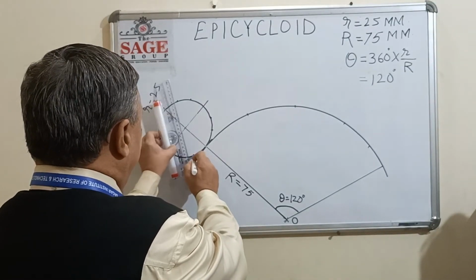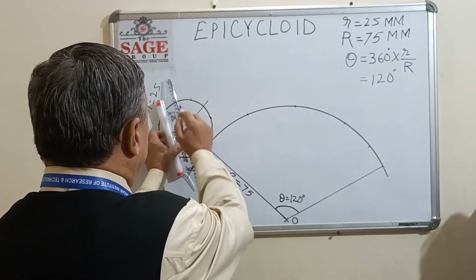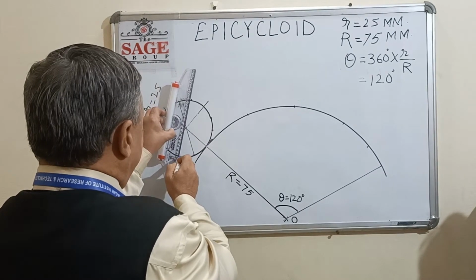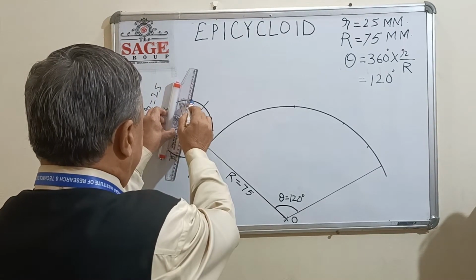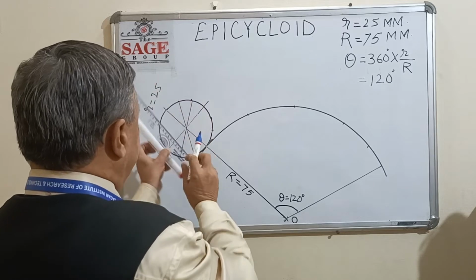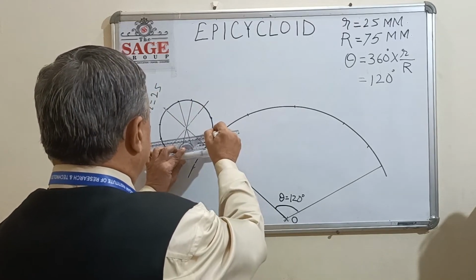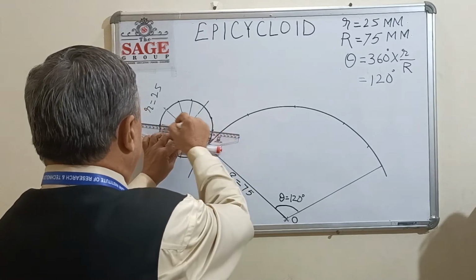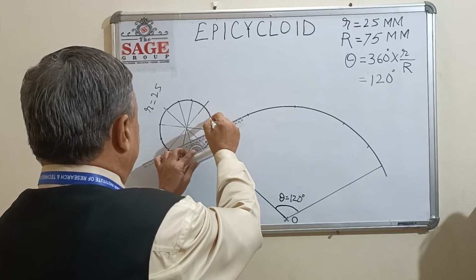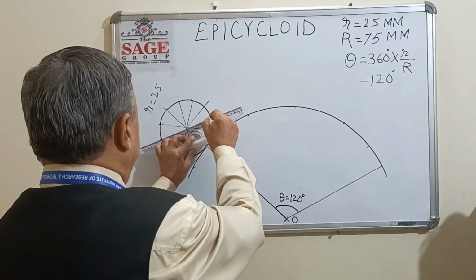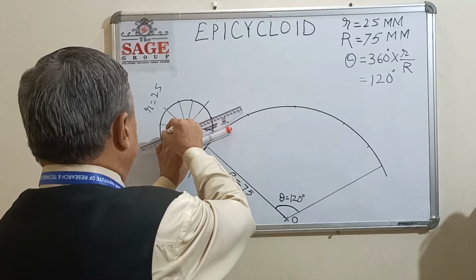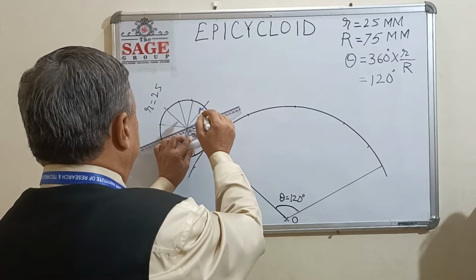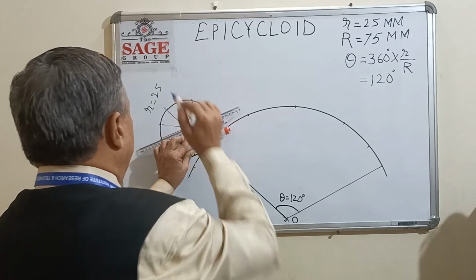I just complete the 12 parts. As we divide the circle into 12 equal parts in cycloid, the same way we divide this circle into 12 equal parts.